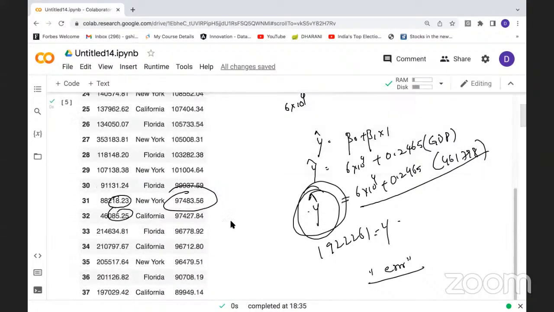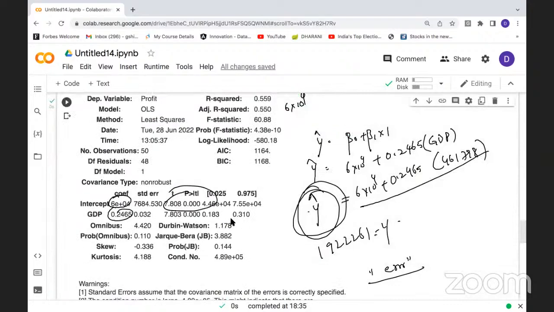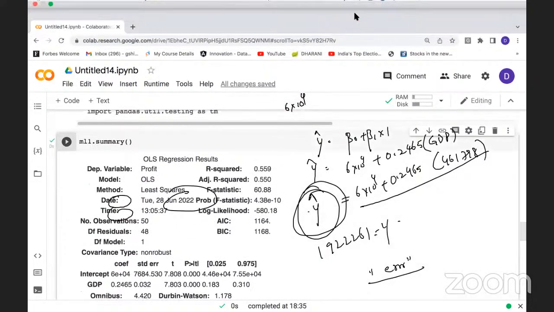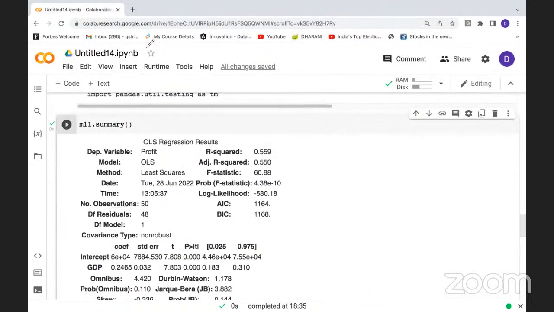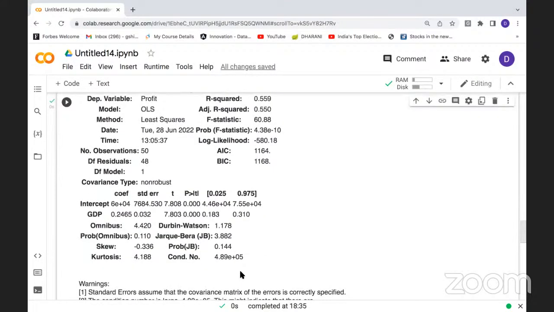But the point here is, whatever beta naught and beta 1 values it is giving, you cannot accept them just like that. You have to check whether you can accept these two values. Upfront, you can accept them if you check your p value here. We'll not get into the stats much, but you have to check your p value.